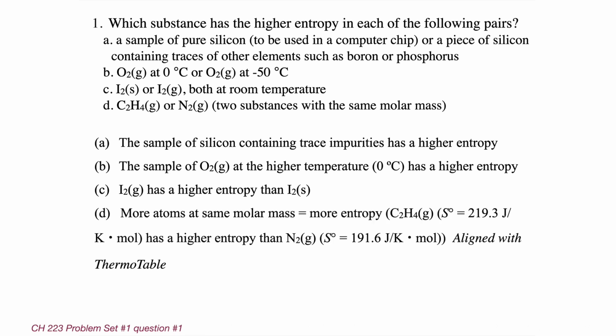So if you have to guess on something like that, you'd generally say that the more atoms you have, the more entropy. So C2H4 would be higher than N2 because it has more atoms. And you can see those actual numbers right there that correspond to the true entropy values. The thermo table is the table of thermodynamics that I mentioned at the beginning of this recitation. You can actually go through and look these numbers up if you'd like to.